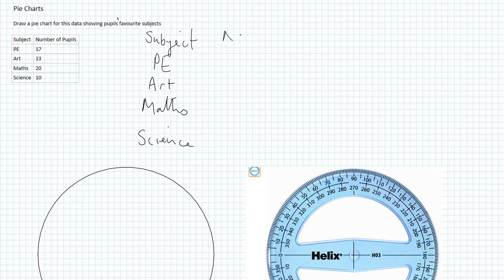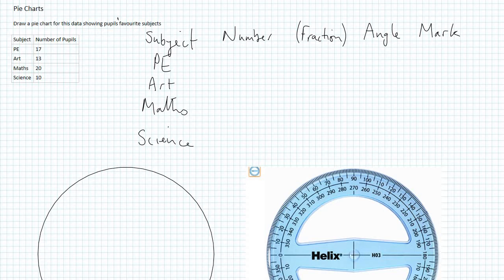So I've got the number of people, I'm going to have the fraction, and you'll get to a stage where you maybe don't need this in your table, but for now I'm going to show you it. And the angle that you need to draw in your pie chart, and I'm going to tell you where to mark around the edge of the circle.